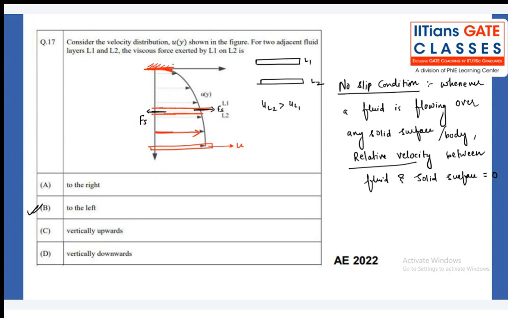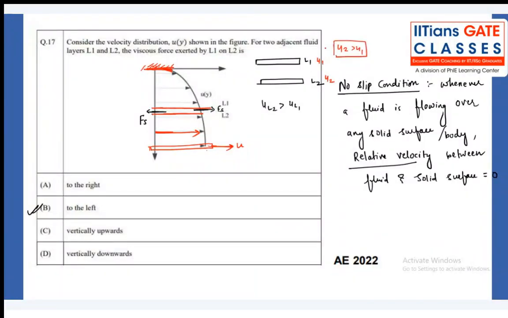Suppose you have a plate, one plate is fixed and another plate is moving with the velocity u. Is fluid particle L2 near the bottom plate or fluid particle L1? Fluid particle L2 is near the bottom plate, so definitely it is having more velocity than fluid particle L1. Let's say it has velocity U2 and the other has velocity U1. U2 is more than U1.